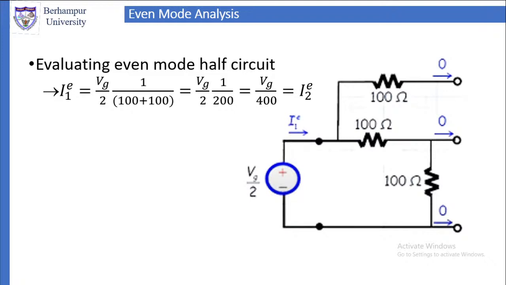So what we have got now are the even mode currents at the two ports, I1E and I2E. Similarly, we have also got the even mode voltage at the two ports, Vg by 2 and Vg by 2, for this analysis.